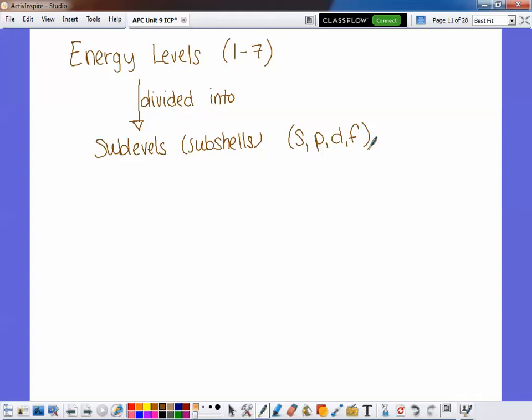We'll talk about S, P, D, and F in just a little bit. Sublevels are divided into what? Orbitals. And the number of orbitals on the sublevel depends on the type of sublevel. And then how many electrons in each orbital? 2 electrons max. How do those electrons go in the orbitals? Opposite spin.